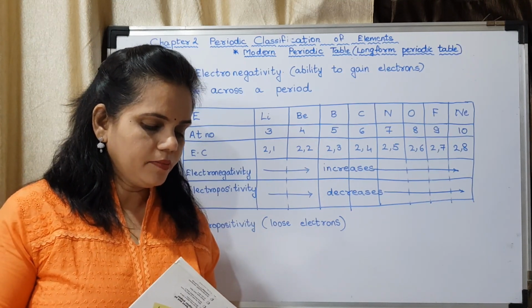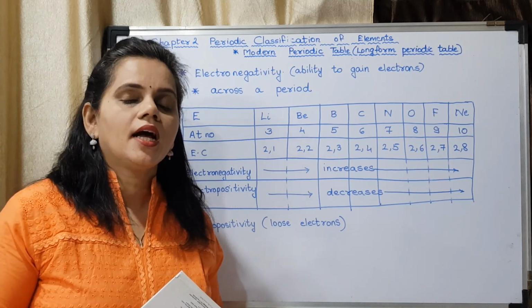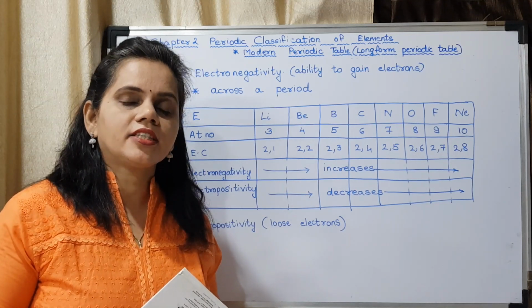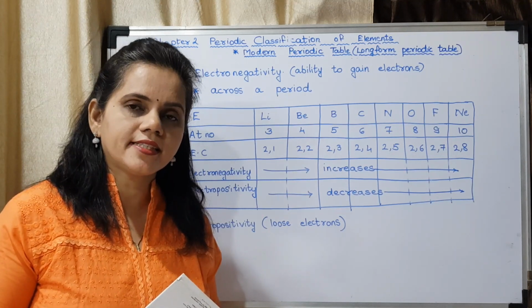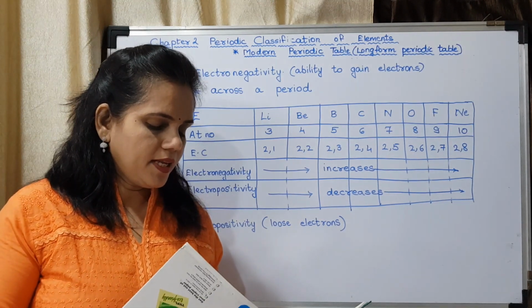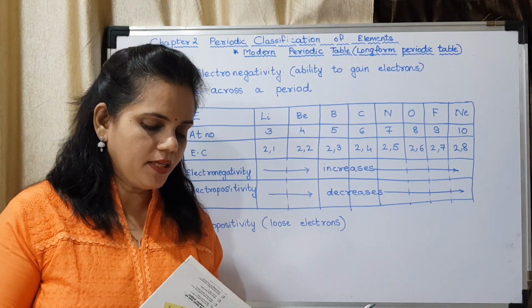For beryllium, the electronic configuration is 2,2 and its valency is 2. For oxygen, its electronic configuration is 2,6 and its valency is 2. The table on the next page is made on the basis of the modern periodic table.